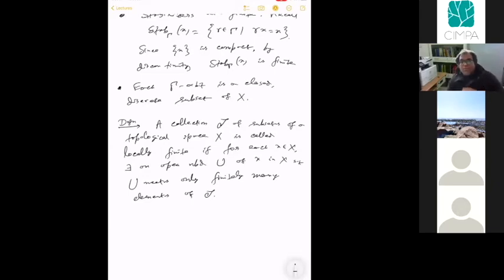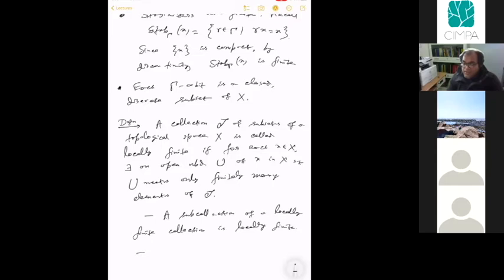Now it's a small exercise that a subcollection of a locally finite collection is locally finite.